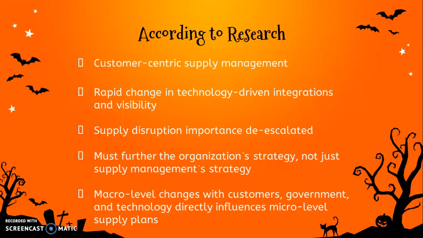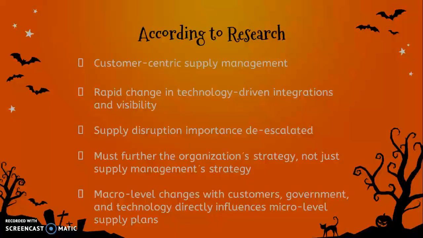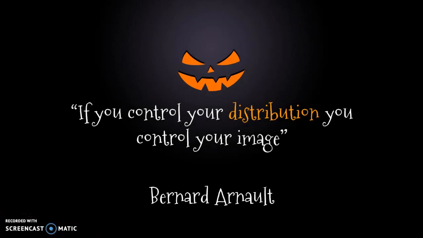Supply disruption, importance of escalation. And it must further the organization's strategy, not just the supply chain management strategy. Macro level changes with customers, government, and technology directly influence micro level supply plans. If you control your distribution, you control your image. Bernard Arnault, he's the richest person in France.